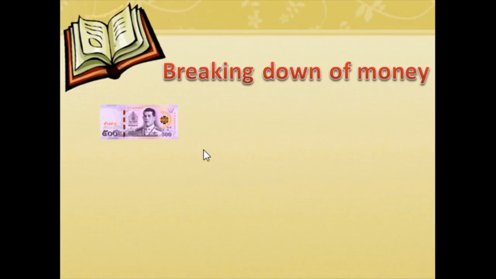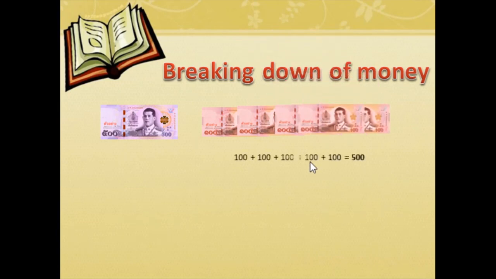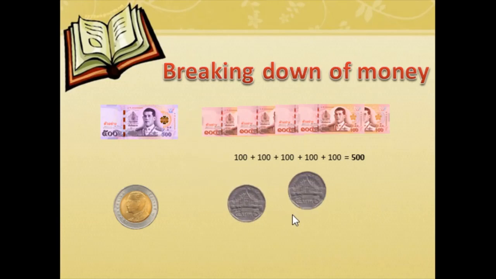You used 1, 2, 3, 4, 5 100 baht notes, since five 100 baht notes equal a 500 baht note. For a 10 baht coin, we used two 5 baht coins, since it gives us 10 baht.